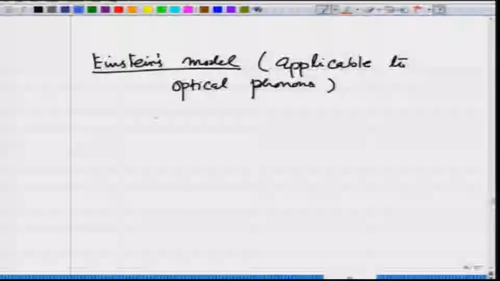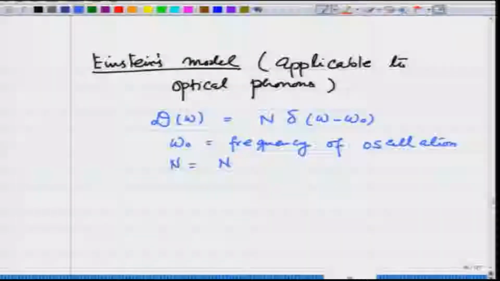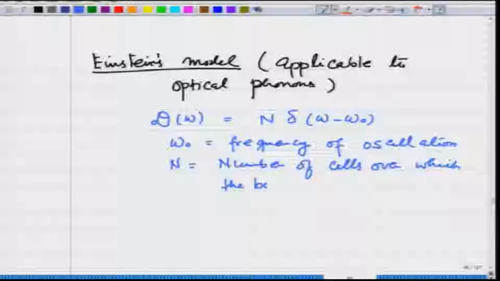So, in this case the density of states is equal to n delta(omega minus omega 0), where omega 0 is the frequency of oscillation, and where n is the number of atoms or number of cells over which the boundary condition is applied.